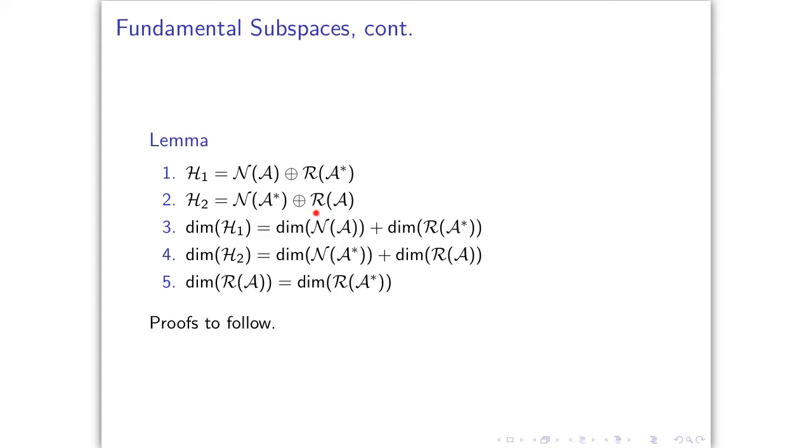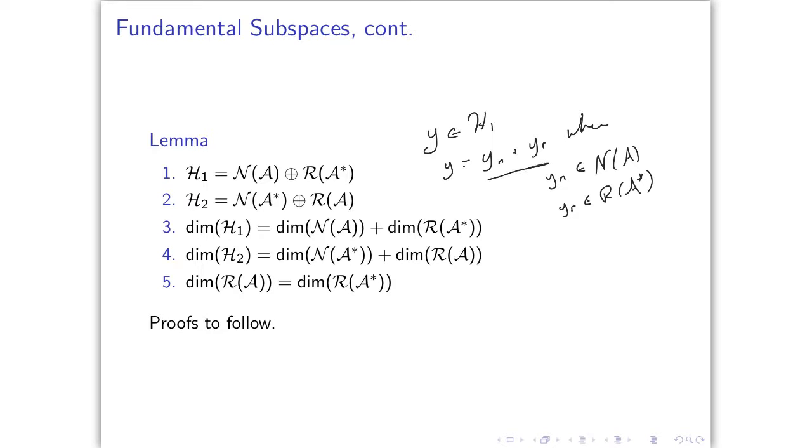H2 has an orthogonal decomposition between the null space of A star and the range space of A. And by the way, this means that if I take y in H1, then I can write y = yn + yr, where yn is in the null space of A, and yr is in the range space of A star. And this is a unique decomposition. I can always do this. So that's part of what orthogonal decomposition means.